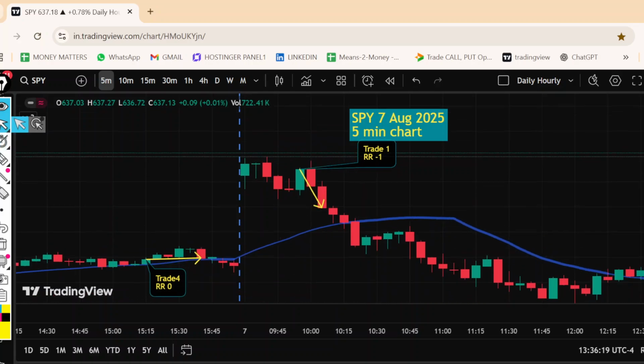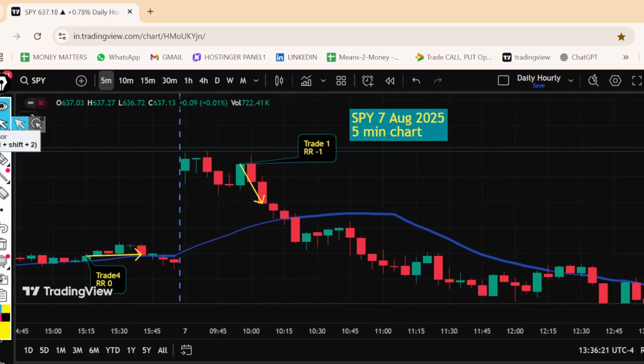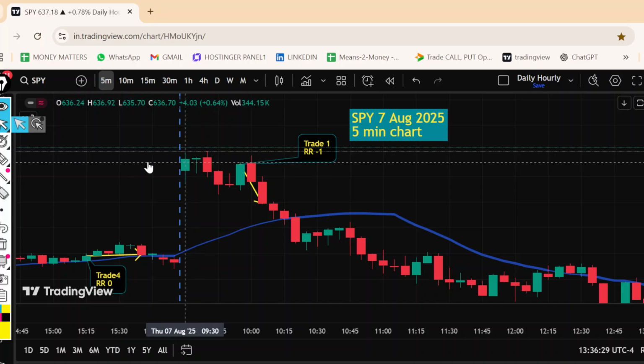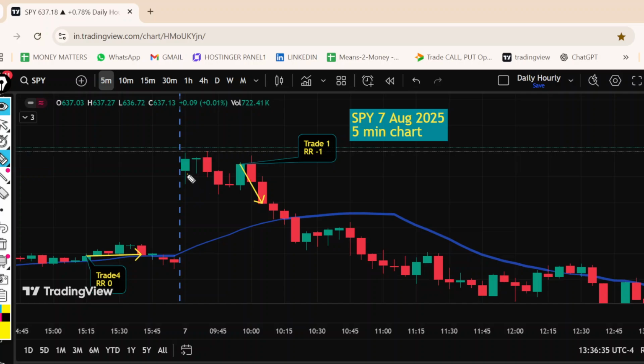So now let us analyze the trade one by one. Since this is a very huge candle, the distance between the moving average and the candle is too big. Conservatively, we can wait for one more confirmation that from there the market can go up.